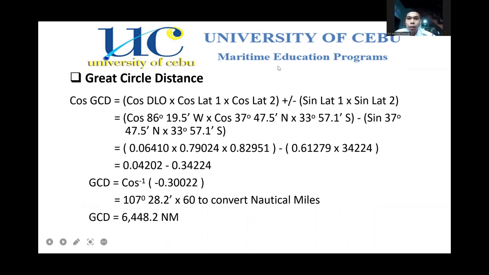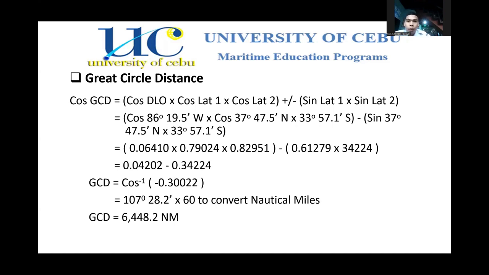So to find the great circle distance, this is the formula you should follow. Cosine GCD is equal to parenthesis cosine D long times cosine latitude 1 times cosine latitude 2 close parenthesis, plus or minus parenthesis sine lat 1 times sine lat 2 parenthesis.